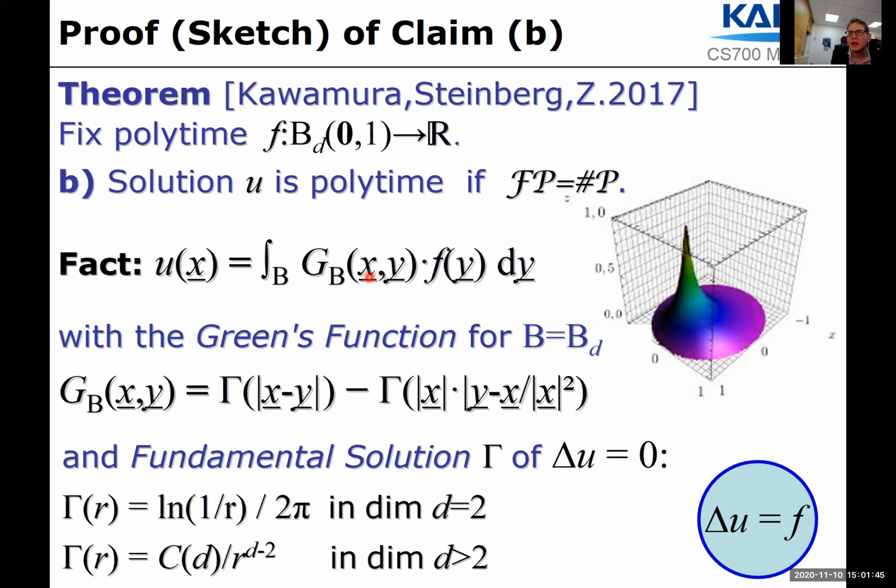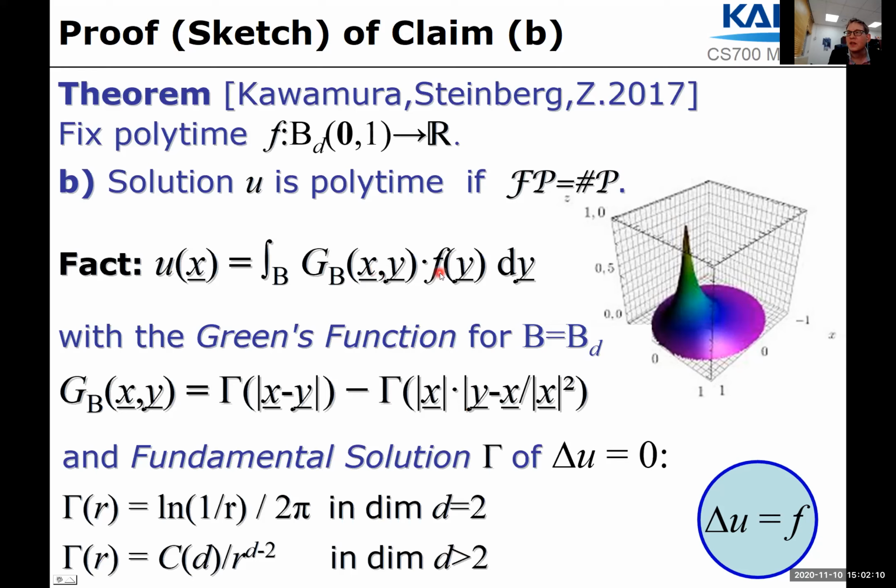And also what makes this integral, which is already complicated, right? Riemann integration, sharp P. But we're not done yet, right? It would be an easy argument to say it's computable in sharp P because this is a Riemann integral, but there's an additional obstacle, namely this Green's function has a singularity.